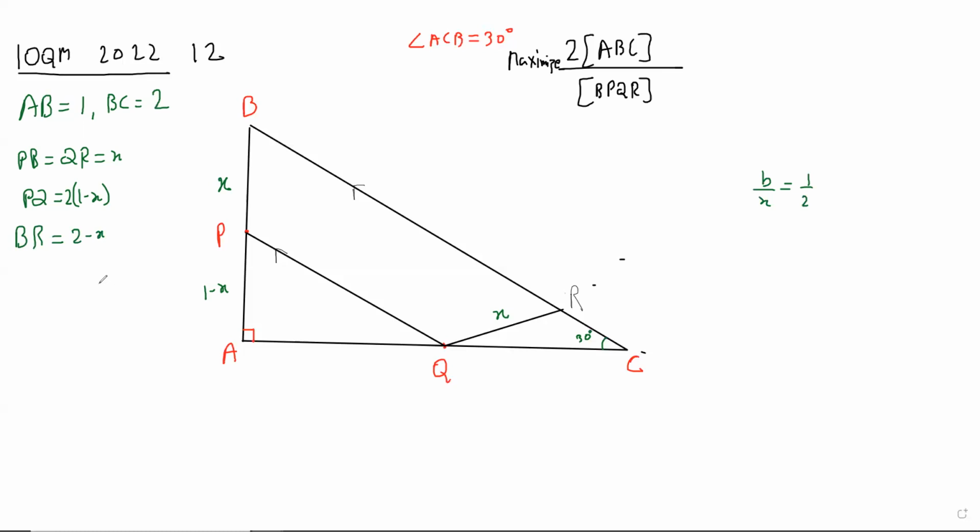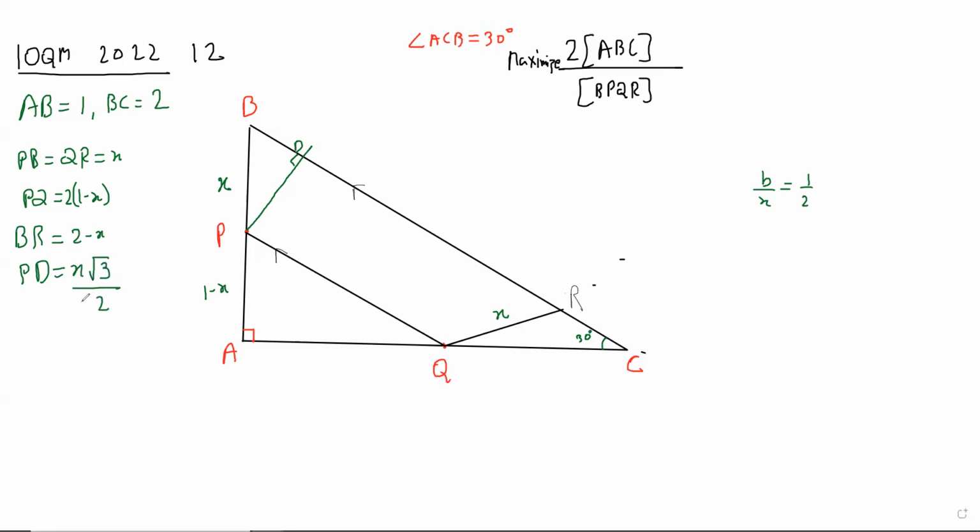BR I'm getting 2 minus x. You just check it. And height, isn't the height x root 3 by 2? x root 3 by 2, right?